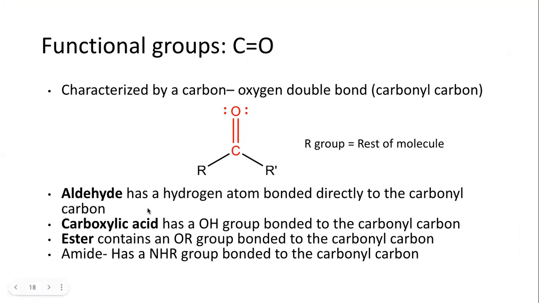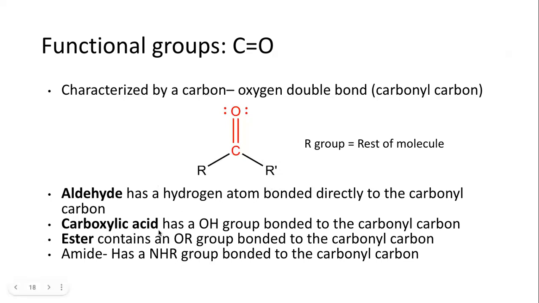We'll have three subcategories, and there are some other ways to divide these even further. For the purpose of our class, we'll just focus on these three subgroups. You can have an aldehyde that has a hydrogen atom that's bound directly to the carbonyl carbon. So instead of this R group, you would just have a hydrogen.